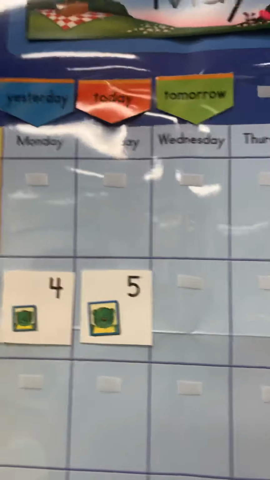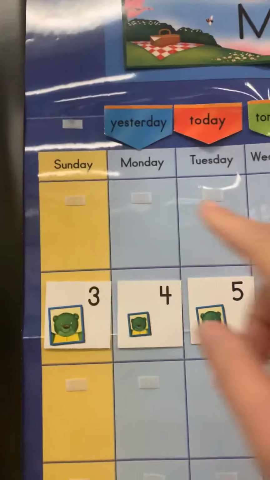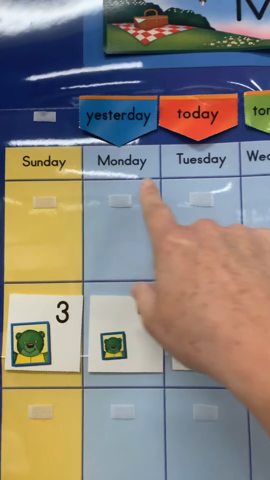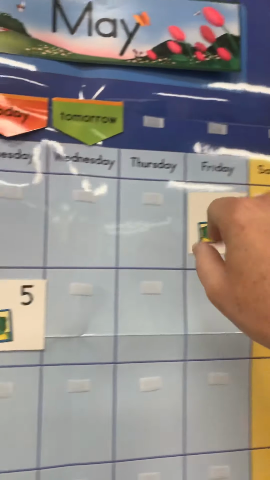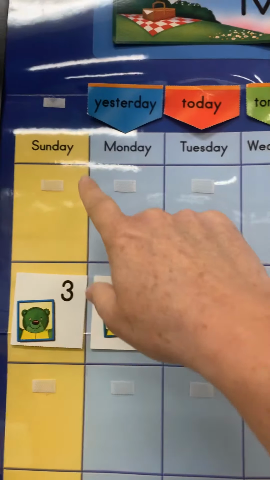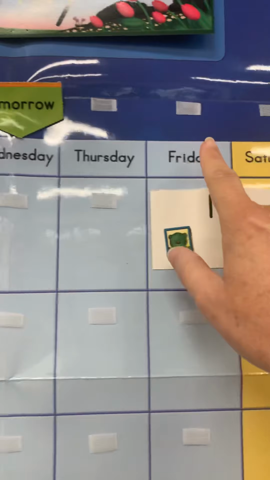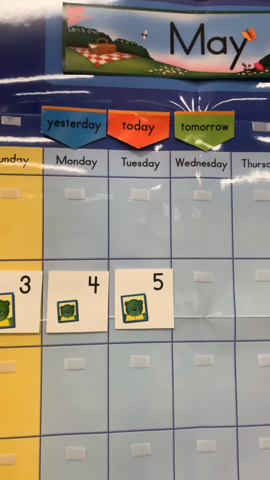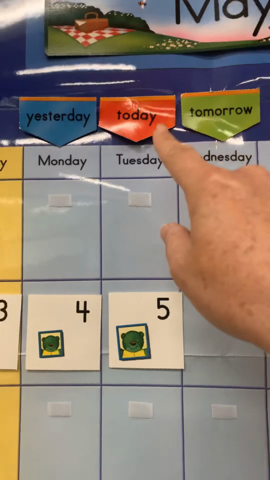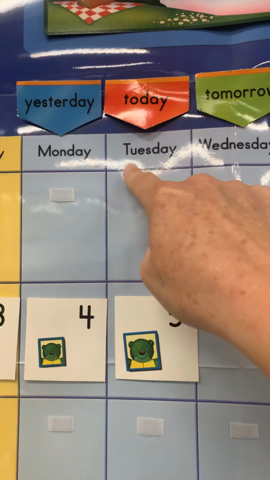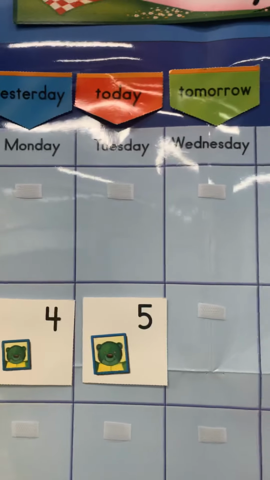So we can say, let's find out what day we're on today. How many days are there in the week, class? Sing them. Sunday, Monday, Tuesday, Wednesday, Thursday, Friday, Saturday. What day was I on when I was on the red today sign? Tuesday. That's right.